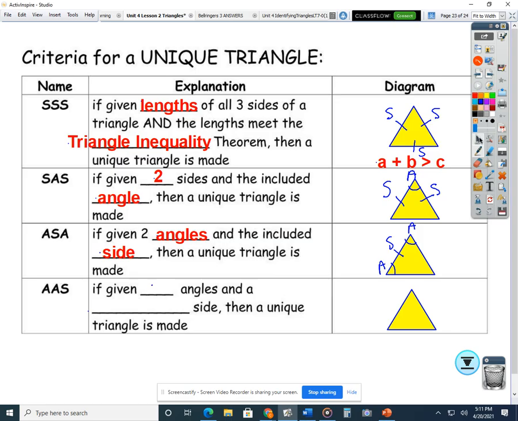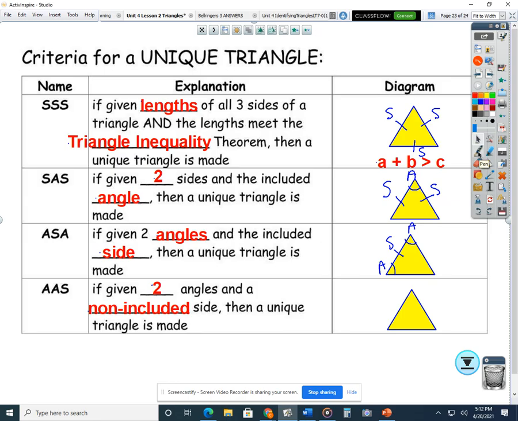And our last set of criteria here is the AAS. If we are given 2 angles and a side that is non-included, that means it does not come between those 2 angles, then it is also going to form a unique triangle.